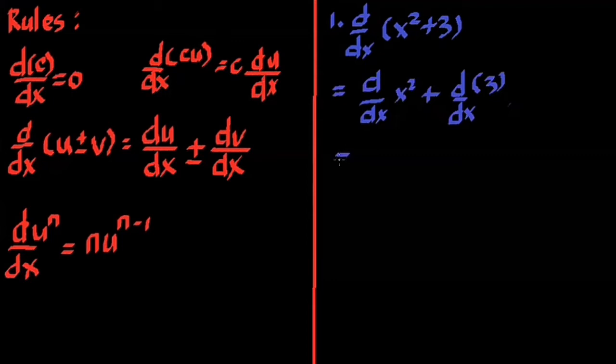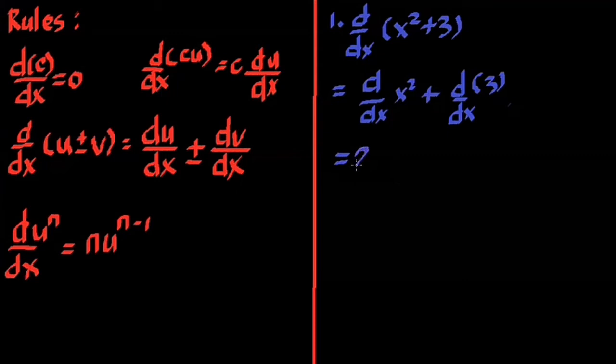So simplifying it, we could observe here that we could now follow the power rule. Take the exponent in front, so our exponent is 2.